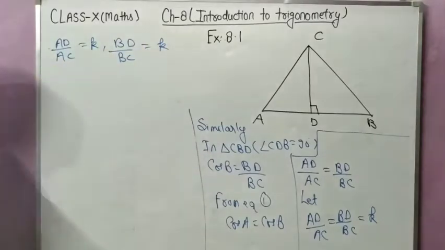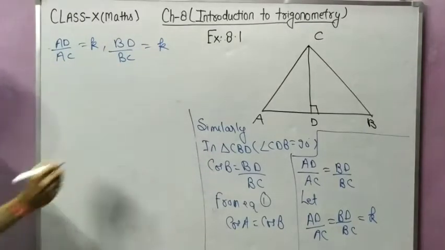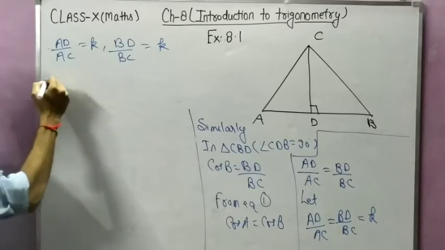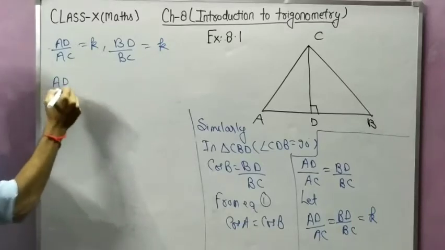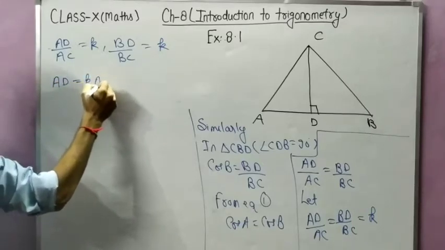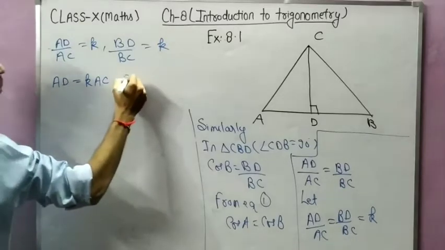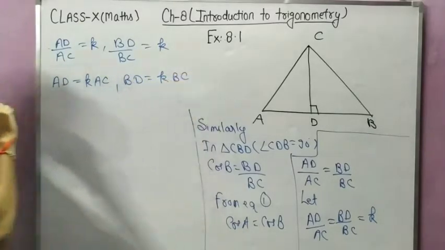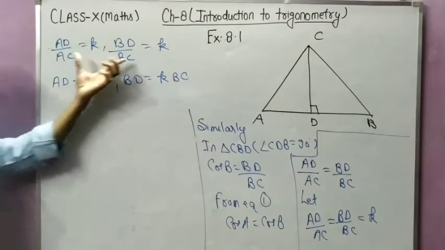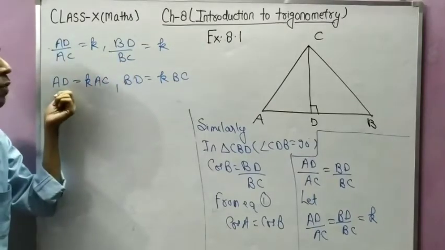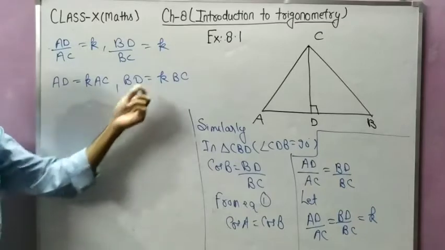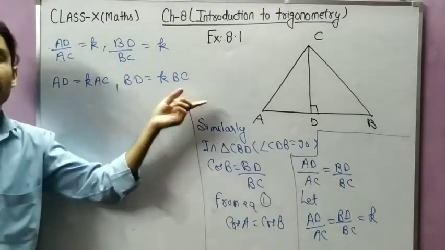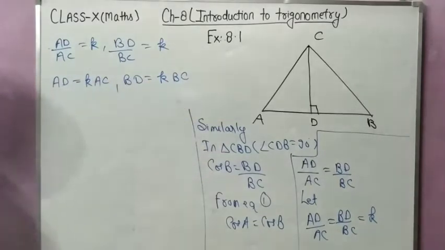So from here the value of AD will come KAC and the value of BD will come KBC. Okay. From these two we can calculate the value of AD, that is KAC, and the value of BD is KBC.